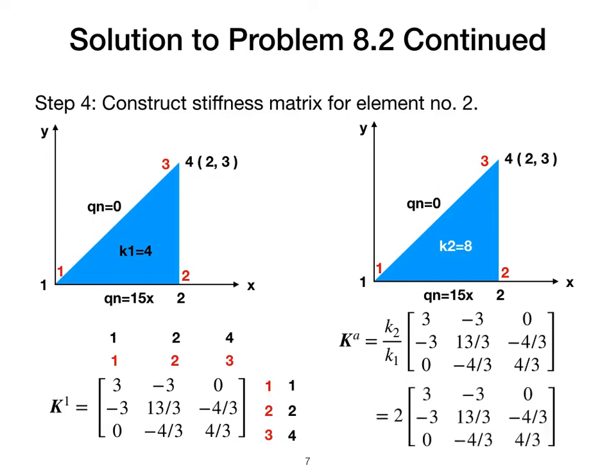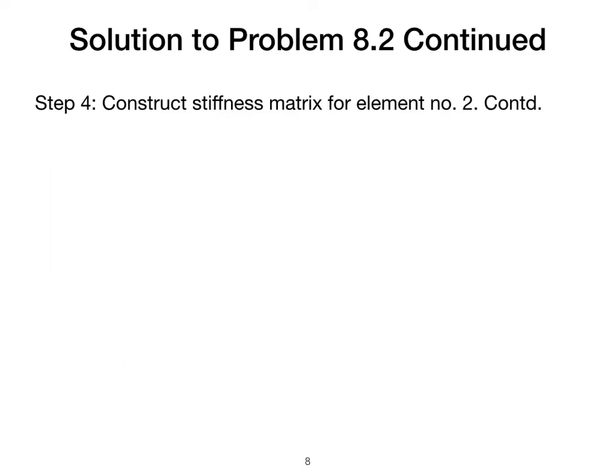So K2 over K1 is equal to 2, hence Ka, that is the stiffness matrix for an element which is the same as the first element with only the difference that K2 is 8 instead of 4, will be 2 times the stiffness matrix for element number 1.